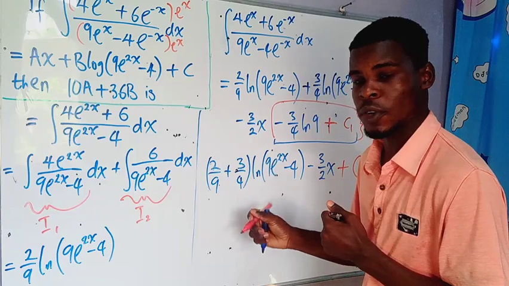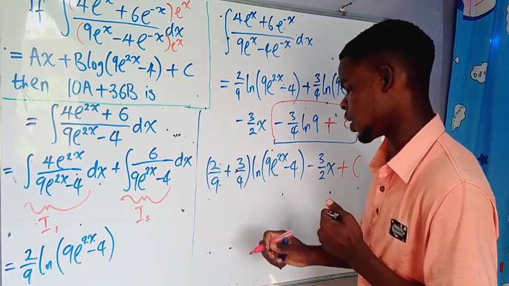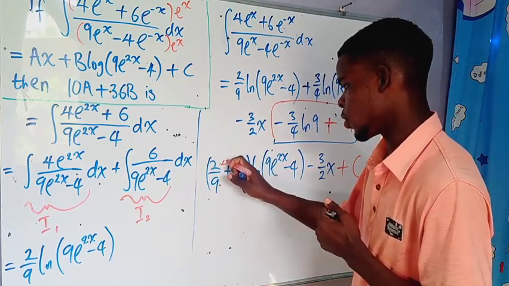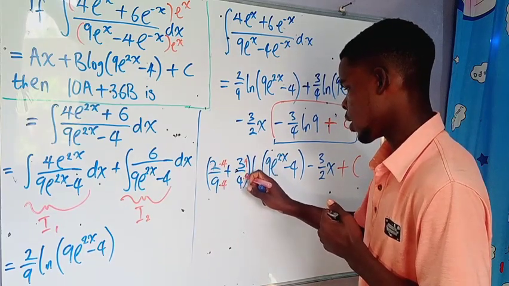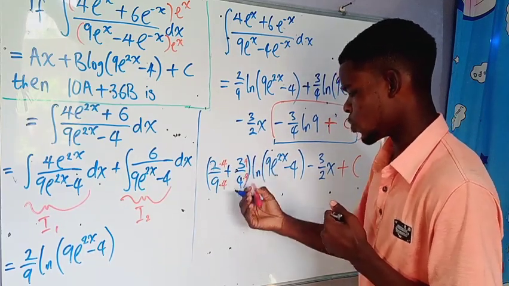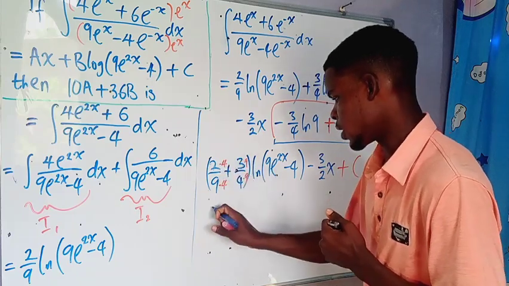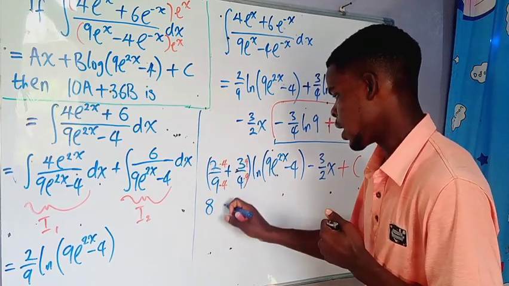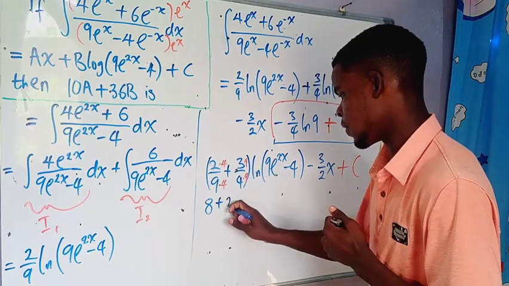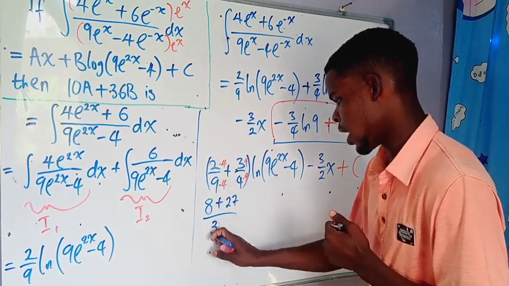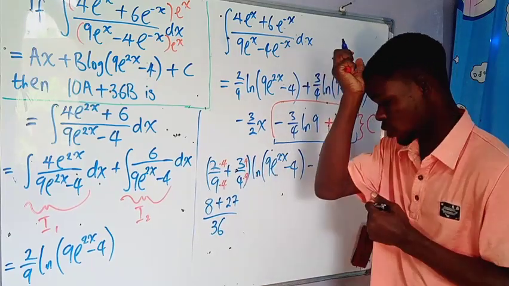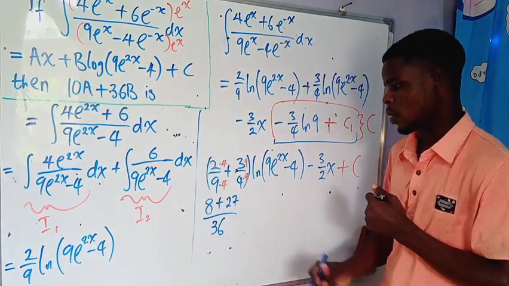Well, for this sum, I'm going to multiply the top and bottom by something. Let me multiply this top by 4 and 4. I'm going to multiply this one by 9, right? I want to add a fractions. So this is going to be 8, when you multiply 2 with 4, you get 8, plus 3 times 9 is 27, divided by, if you multiply this and that will be 36, and it's 36 for the two denominators, so we just maintain one of it, right?